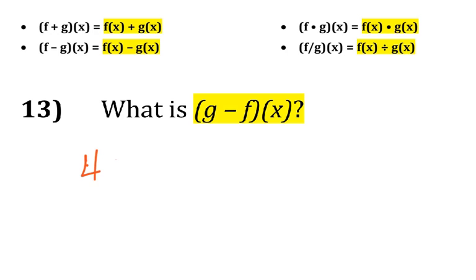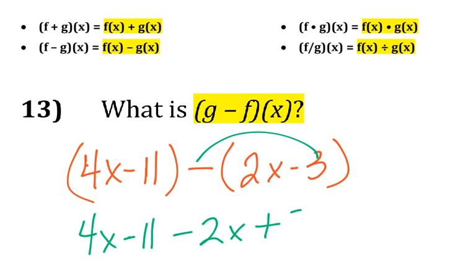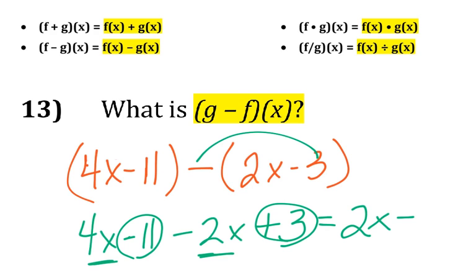So we're going to take 4x minus 11, and that's my g of x, and I'm going to subtract my f of x, which is 2x minus 3. So again, watch your signs. 4x minus 11, subtract 2x, subtract negative 3, combine my like terms, negative 11 and positive 3. And I have something that looks similar to the last answer, but not exactly the same.